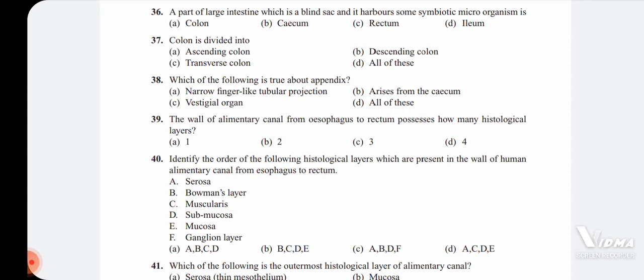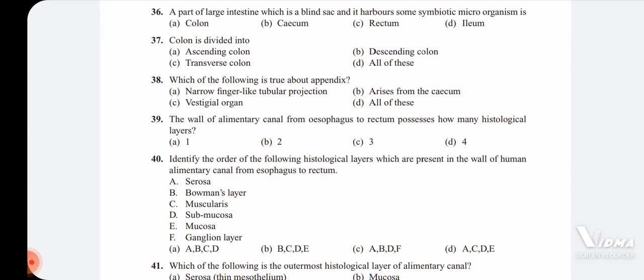In all the options they have given the features of the appendix. Option A, narrow finger-like tubular projection, which arises from the cecum. Option B, it arises from the cecum.